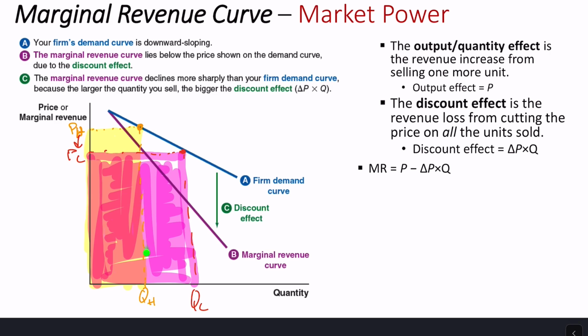This red box here is in revenue in both cases, so that's not part of our change in revenue. This upper box here is going to be gone. We're going to lose that. So this is going to be our loss box of lost revenue from lowering the price. This is coming from a lower price on all those units up to QH that we used to sell.